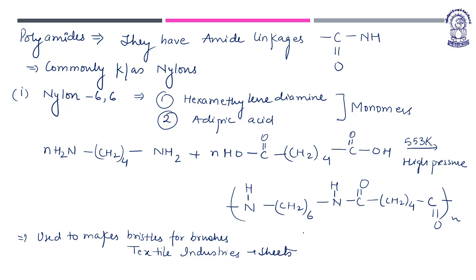It is also blended with wool to make socks and sweaters. Used to make climbing ropes and cords. So this is the first compound of polyamide, that is nylon 66.